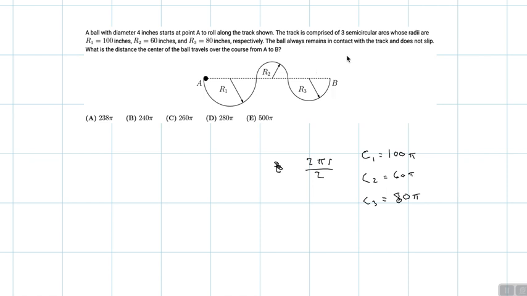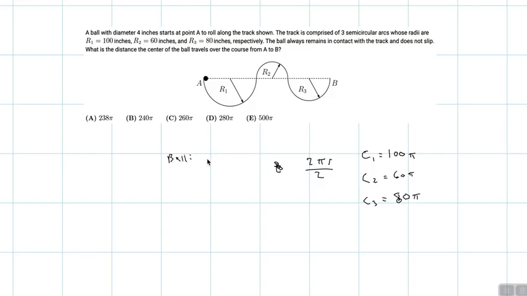The ball always remains in contact with the track. Okay. I don't know if it's helpful then to calculate the circumference of the ball.